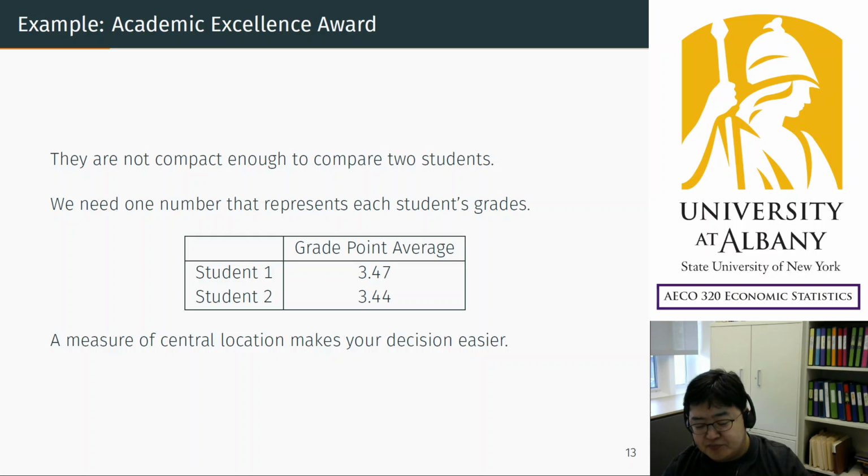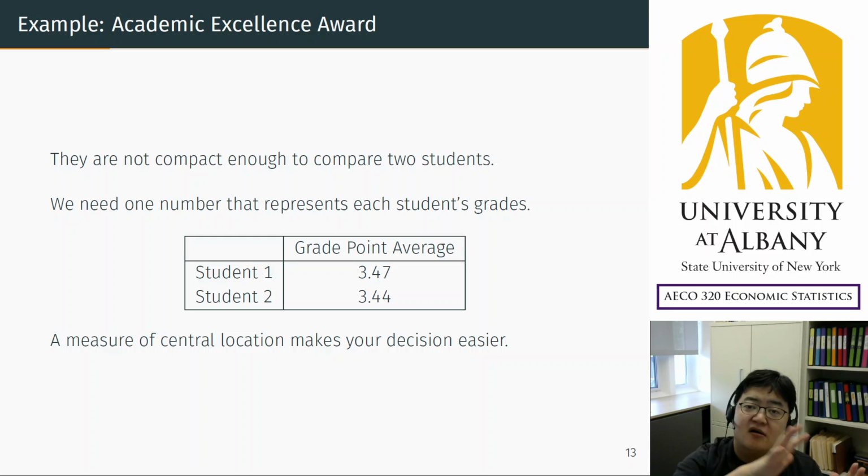By the way, it's not perfect. I'm not saying the average is perfect, but it is the most common way, and everyone uses and understands what the average is. That is why this is the most typical way to make a decision, and it helps you make a better and easier decision.